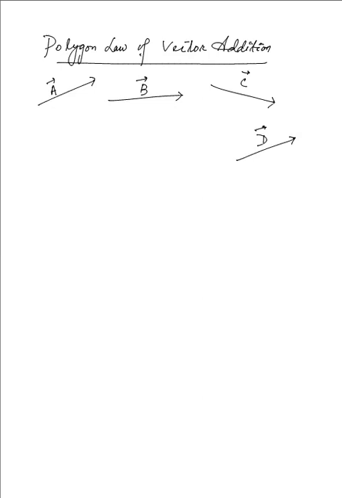Now, as mentioned in the earlier videos that we had done, we can have the same vector. Suppose we have the A vector over here. This A vector can be represented in a similar way with the same magnitude as well as direction. Let me use another ink for that. So I have this A vector.